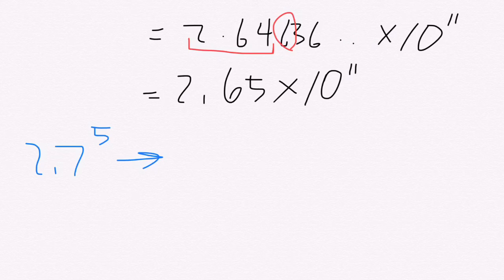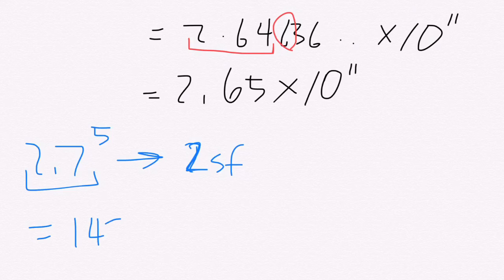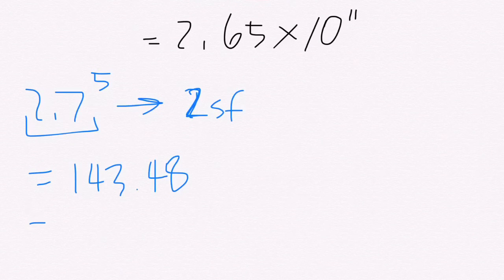If you actually calculate that, you're going to get something like 143.4. Since this only has 2 sig figs, our answer can only have 2 sig figs, so we're going to round to 140.